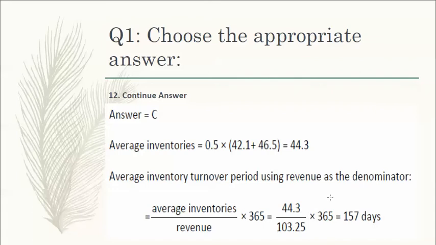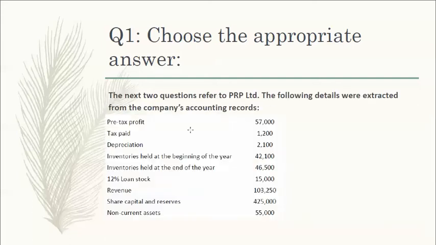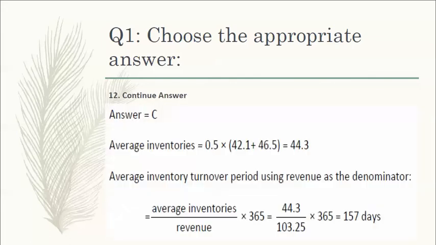The revenue figure of 103.25 is also given in the question. After calculating these amounts, we get that the average inventory turnover period using revenue will be 157 days.